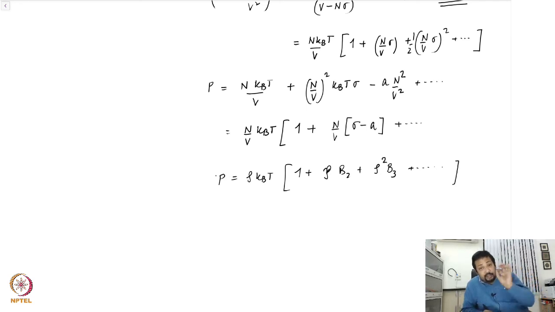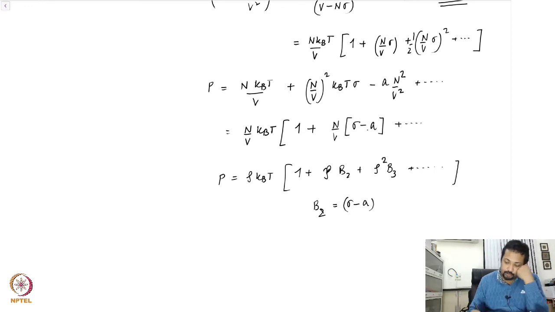So even this phenomenological equation, which actually describes lots of gases, can be written down in the same form that we arrived at when we looked at the interacting system. And clearly here, the B2, the second virial coefficient, is going to be sigma minus. Sorry, one has to be careful.